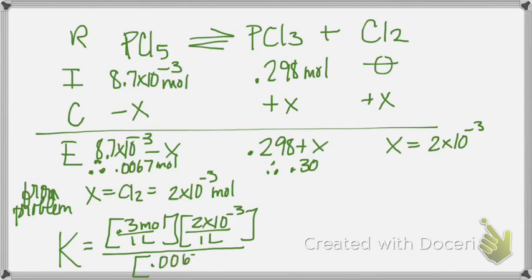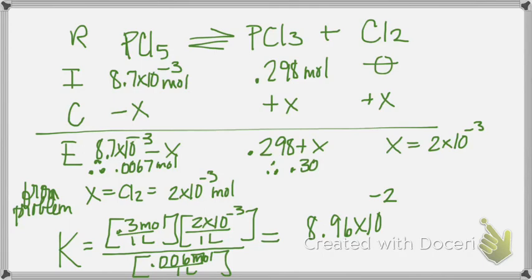which I'm running out of room. So when I plug all that into the calculator, I get 8.96 times 10 to the negative 2. And it doesn't ask you anything about this, but it is always a good idea to have these things in mind, especially on a FRQ question, in case they ask you a follow-up question.